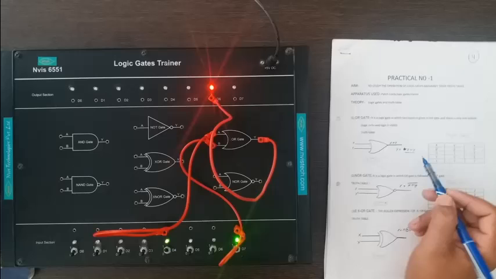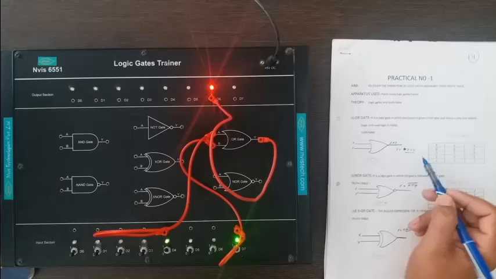A is low, so you can write A bar, B is high, plus, second one, A B bar. So you can write like this. Simply you can write A XOR B. So this is your XOR gate.